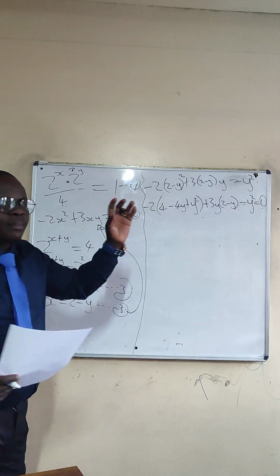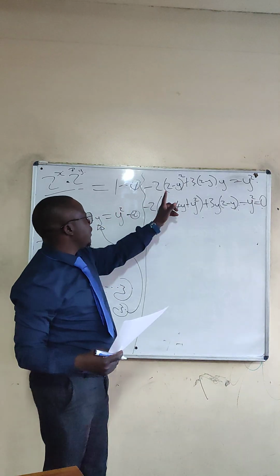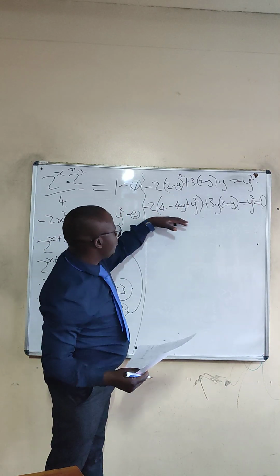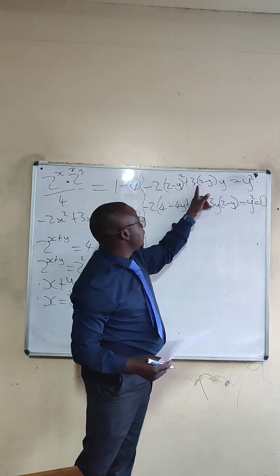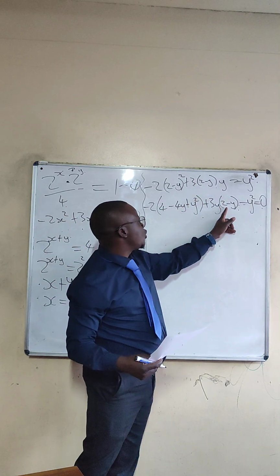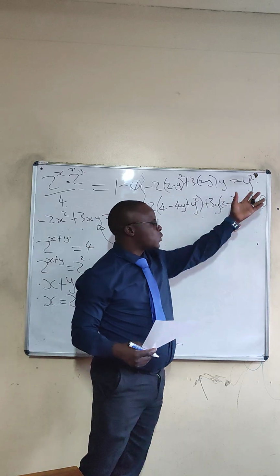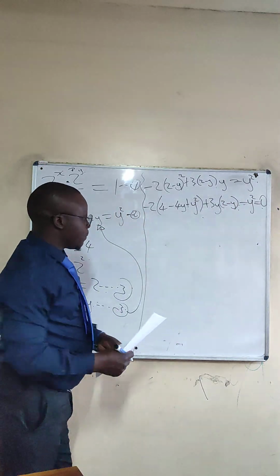So I guess you can see properly, we FOIL this side to become this. We also combine what's outside to 3 times y, 2 minus y inside, minus y squared equals 0.